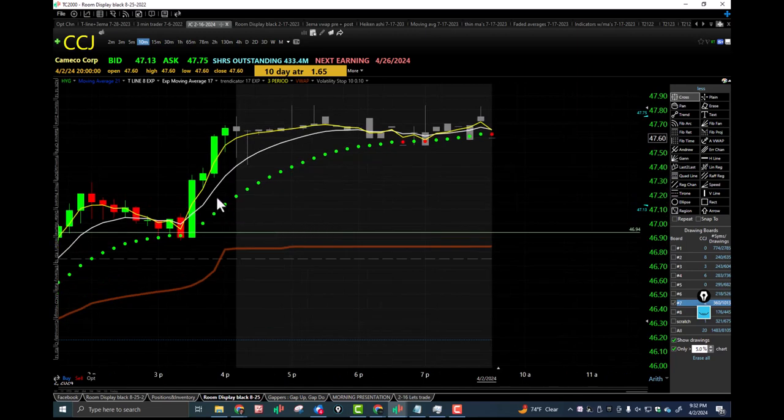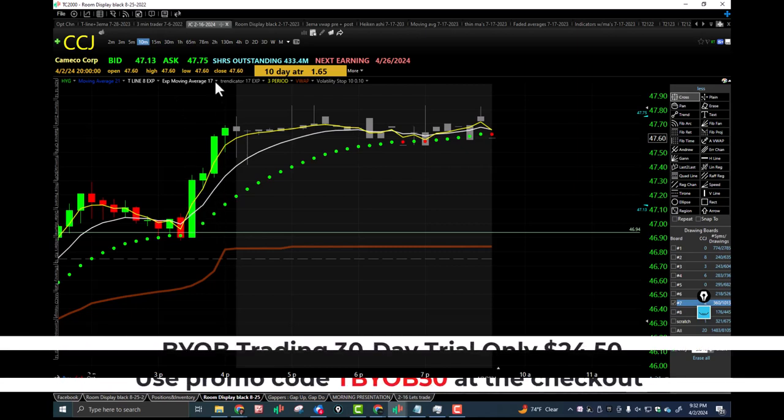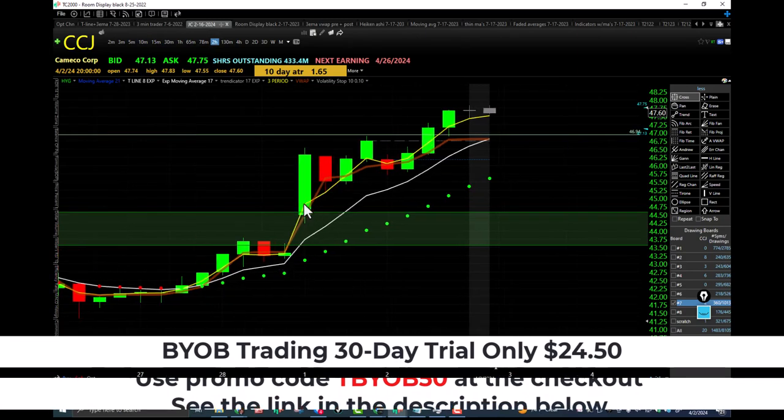See the stack? This is what I call a 10-minute stack. Biscuit right here: price on top of the 3, on top of the 8, on top of a rising 17. Now I'm looking for a 10-minute stack inside a 2-hour stack.